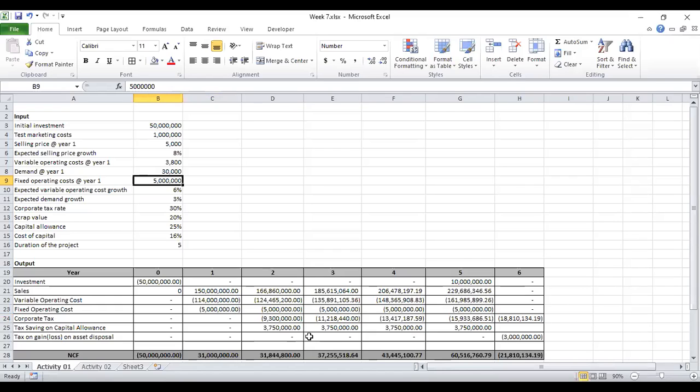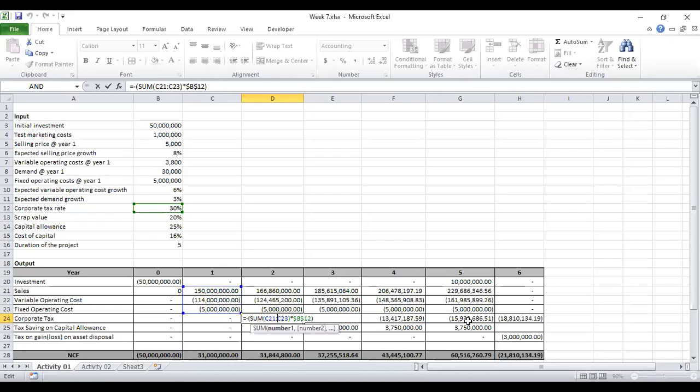Good. Then we are coming to an important point. It's about the corporate tax. Here, initially you have considered the sales, variable operating cost and fixed cost, and then you get a particular value, which is in fact the cash profit, and on that you have applied the tax rate.